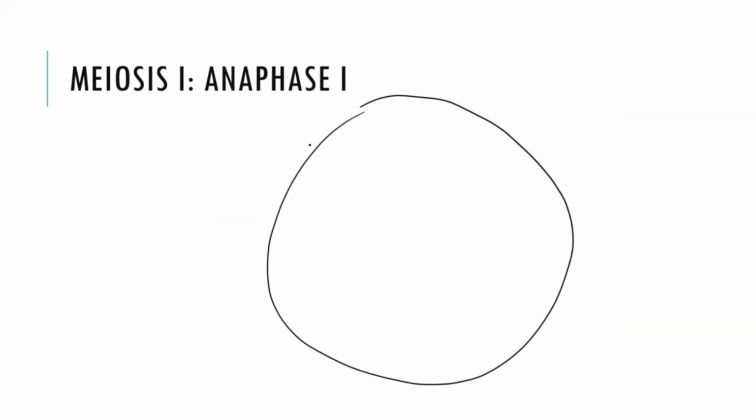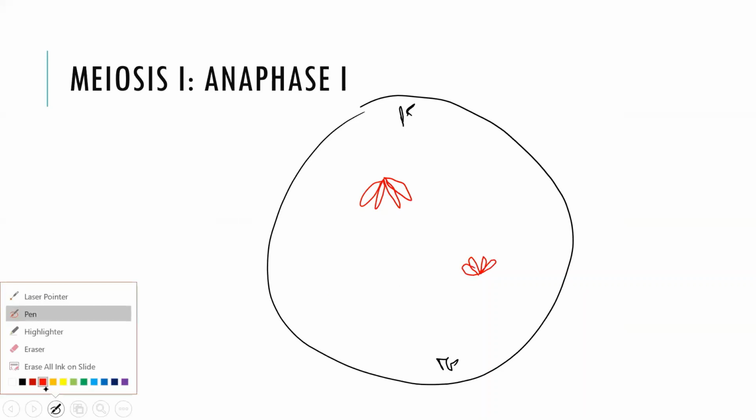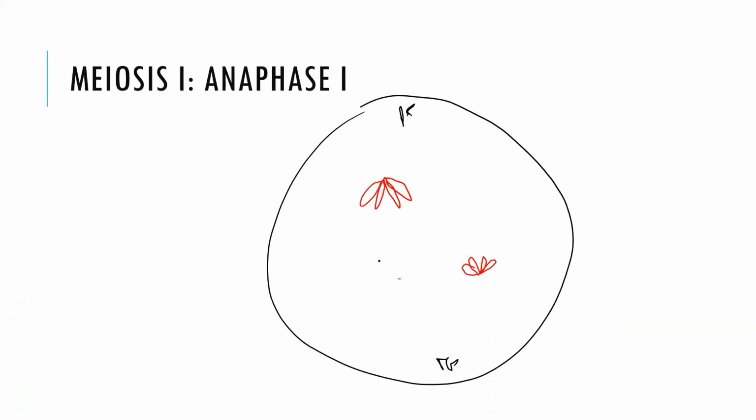You have the cell like this, centrioles, and you have the whole chromosome without separation of the sister chromatids moving to the opposite poles. And you have the exchange.